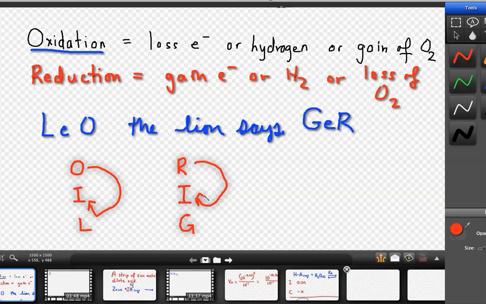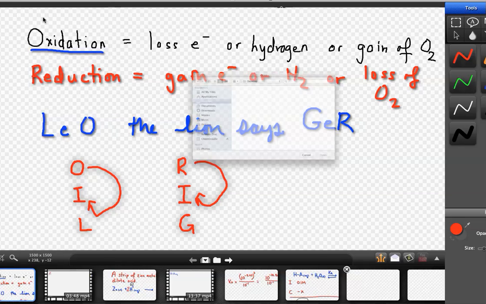Reduction is when I gain current. So either of these two definitions work just fine to help us memorize, master the difference between oxidation and reduction.